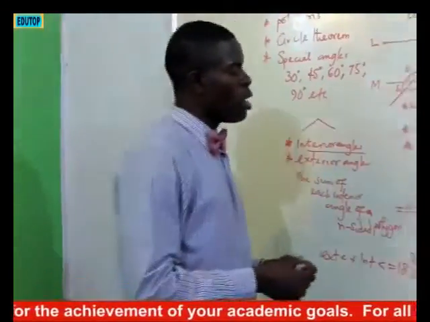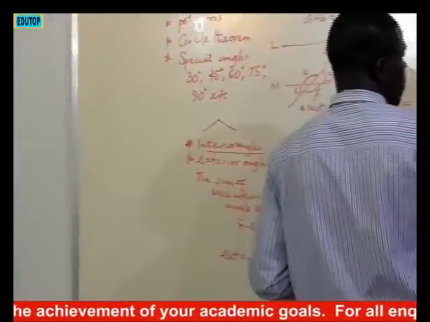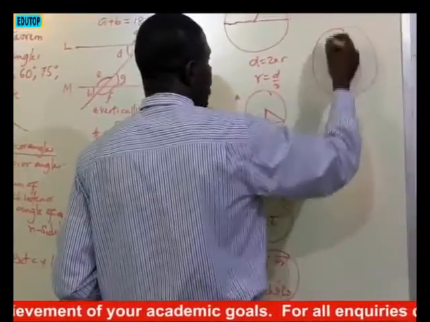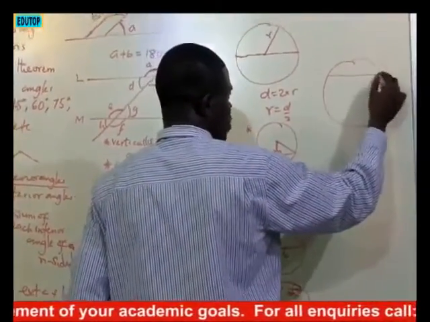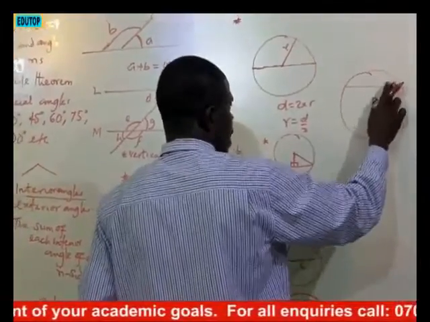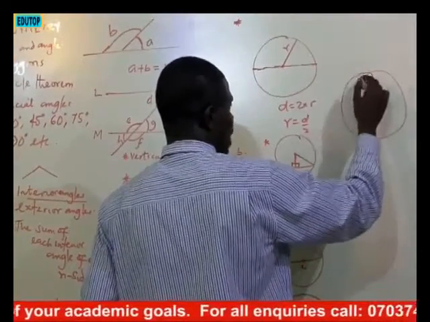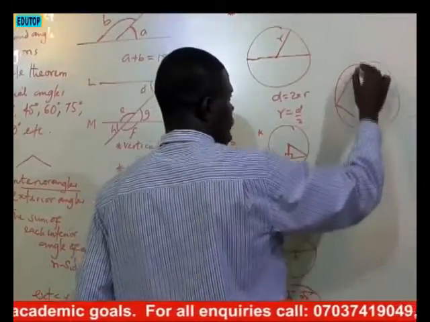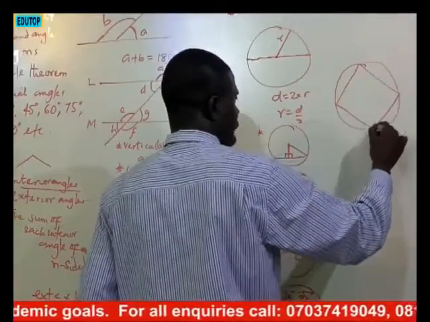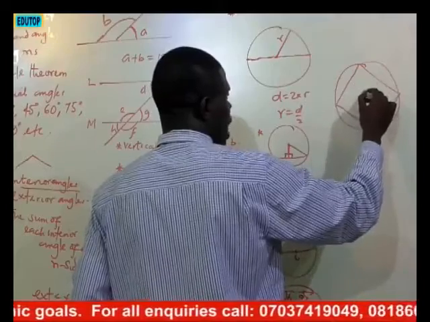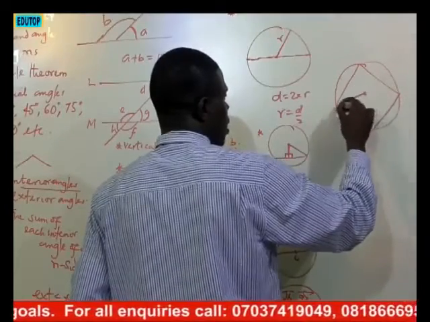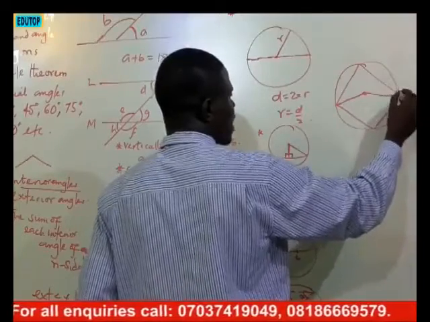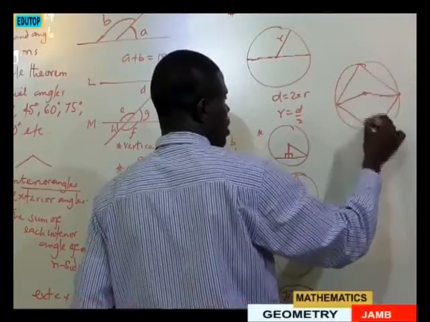Now we also know that we have a cyclic quadrilateral. Take note. And when they say a particular circle has a cyclic quadrilateral, what it simply means is that these four sides are touching the circle.